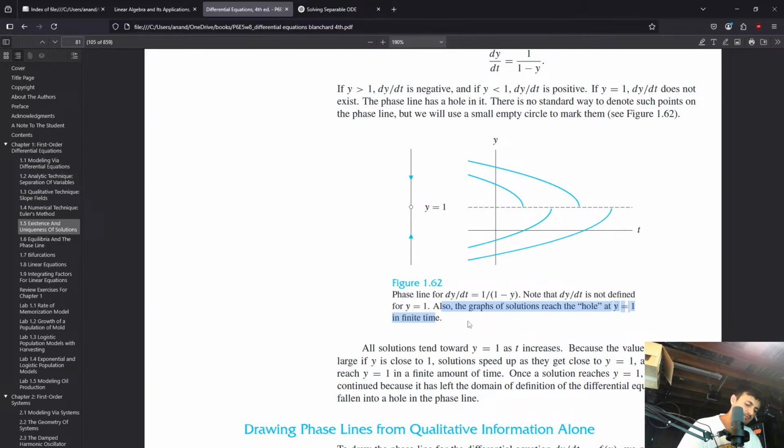So if t is greater than 0, we have a problem. Right?